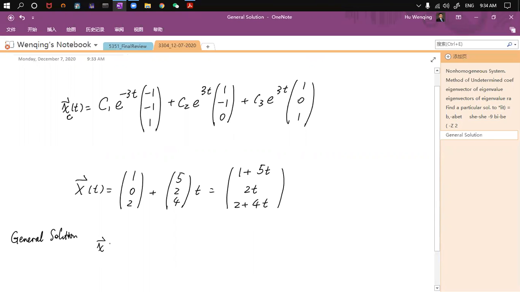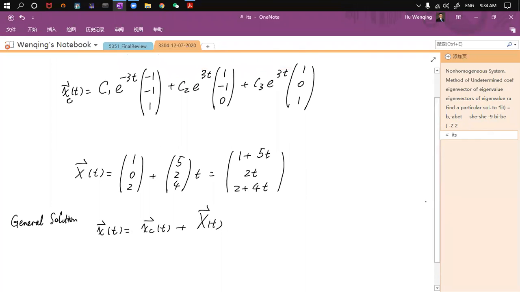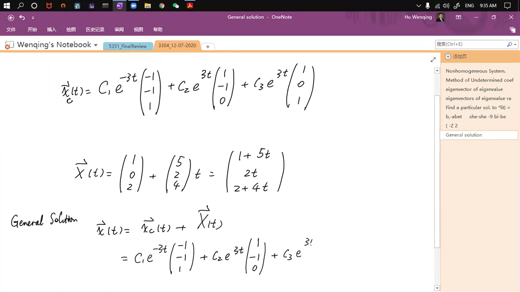The general solution is given by x of t is equal to the complementary solution plus the particular solution: c1 e to the power minus 3t multiplied by minus 1, minus 1, and 1, plus c2 e to the power 3t multiplied by 1, minus 1, and 0, plus c3 e to the power 3t multiplied by 1, 0, and 1, and then plus the particular solution, the vector 1 plus 5t, 2t, and 2 plus 4t.